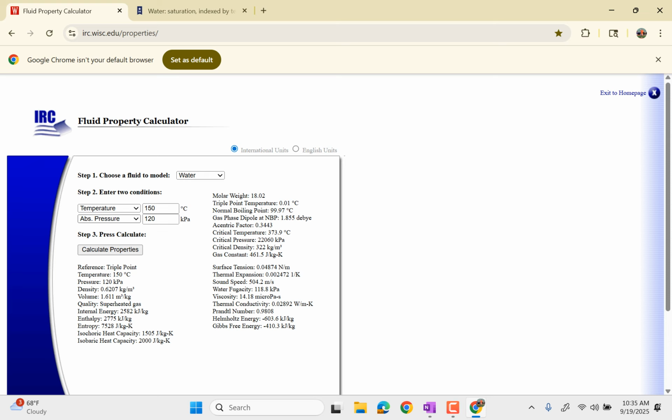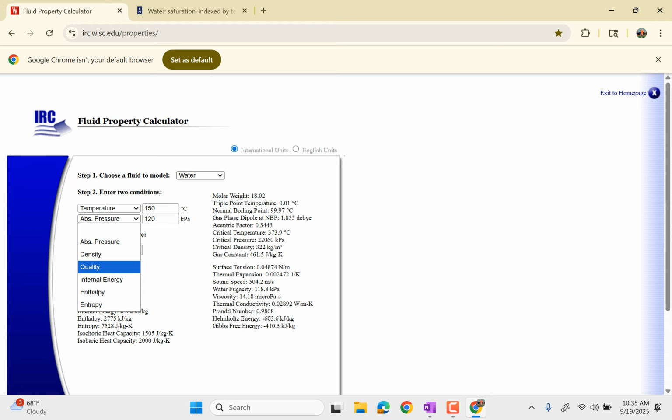How would you look that up? Then for your second property, you choose this thing called quality. Quality tells you how much of your saturated mixture by mass is vapor.